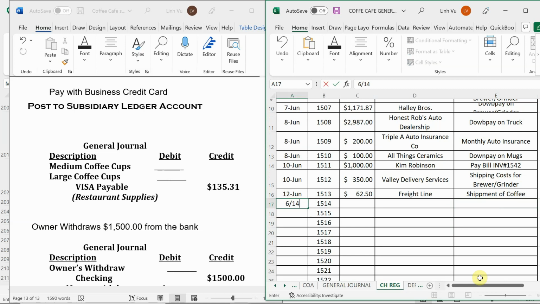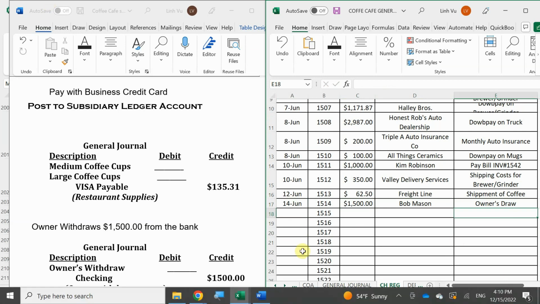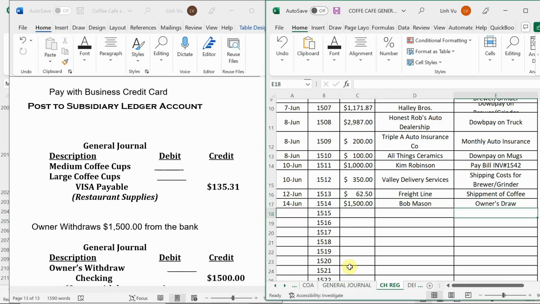Okay. So we're going to use check number 1514 for that $1,500 to Bob Mason, if you remember the owner's name. Okay? And I'm going to put the reason as an owner's draw. Okay? And he's going to be taking check number 1514.